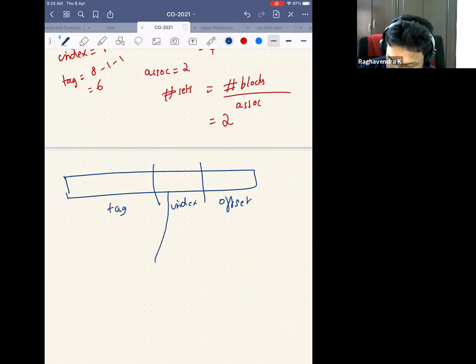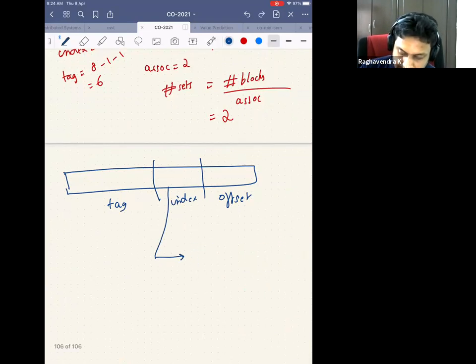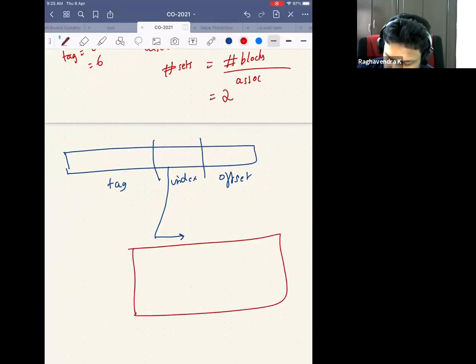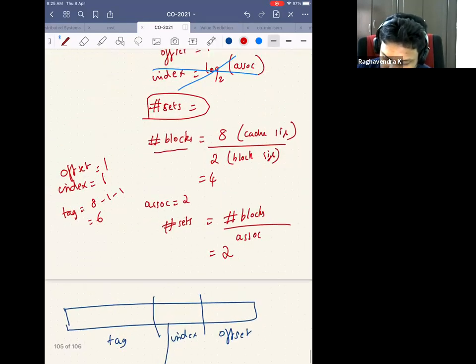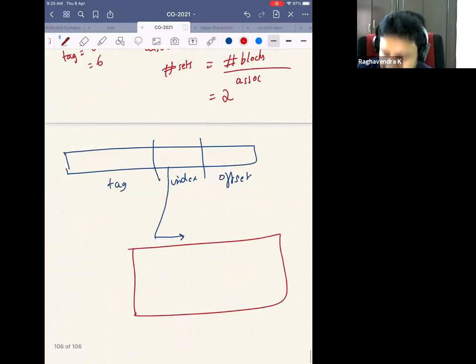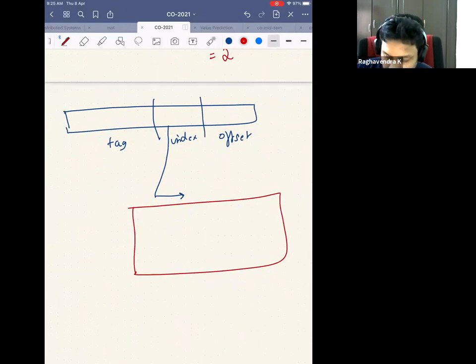So it is using the index, and the cache looks something like this. How many sets are there? 2 power 6 sets are there, right? So I have 64 sets like this.